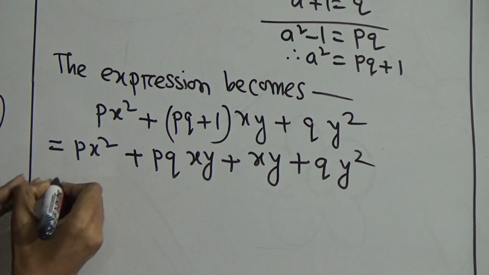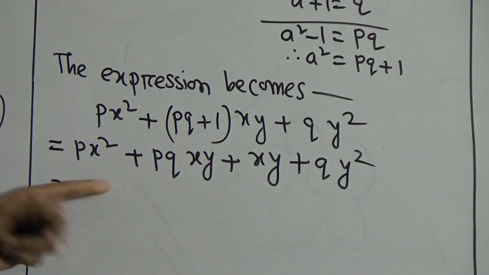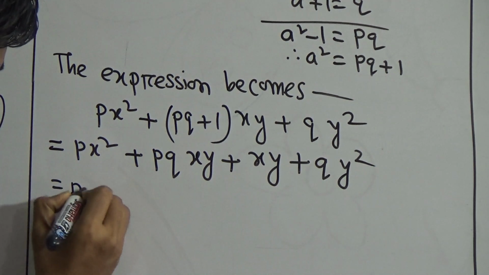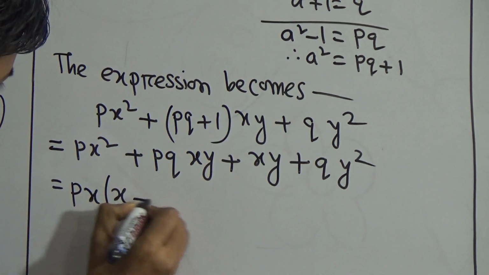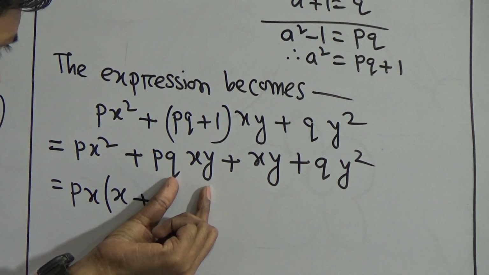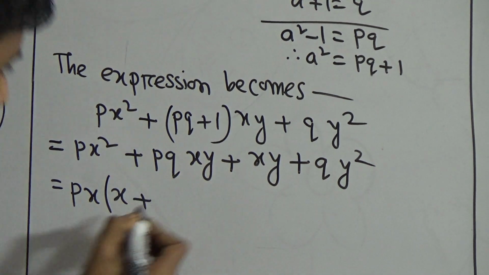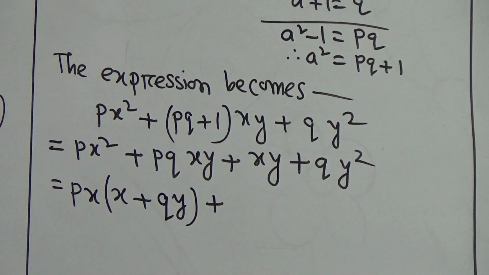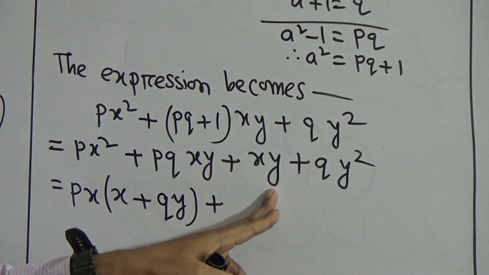Now you see, from these two expressions, px is common. Take px common, then only qy is left.